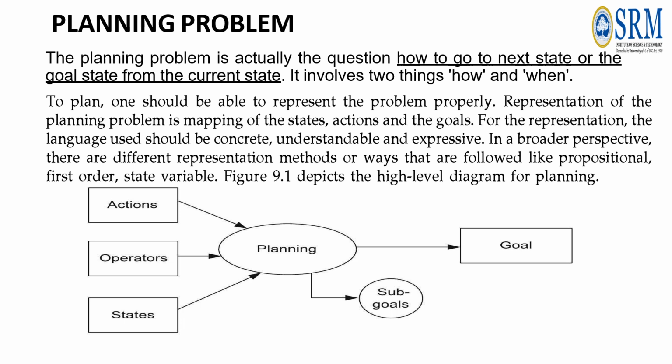Examples are forward chaining as well as backward chaining. The 8 queens problem or n queens problem is a good example of a planning problem, and forward chaining or backward chaining is also a good example. It involves two different things: how and when. Whenever we plan, we have to represent the problem correctly.